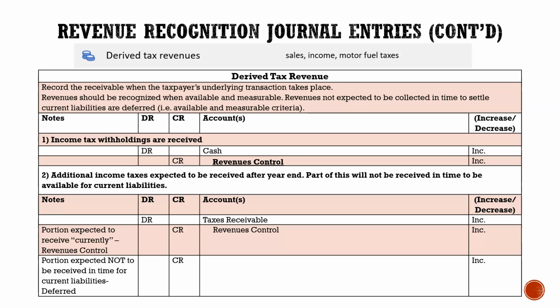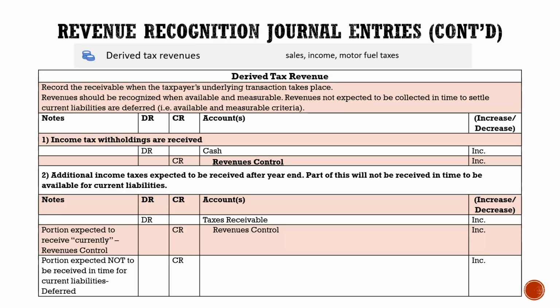We're going to credit revenues control for the portion that we expect to receive during the period that the taxes were levied, or within 60 days of that period, right? Those are what we expect to receive currently to be able to take care of current expenditures, current liabilities, that type of thing. Again, revenues control is a high-level general ledger account.